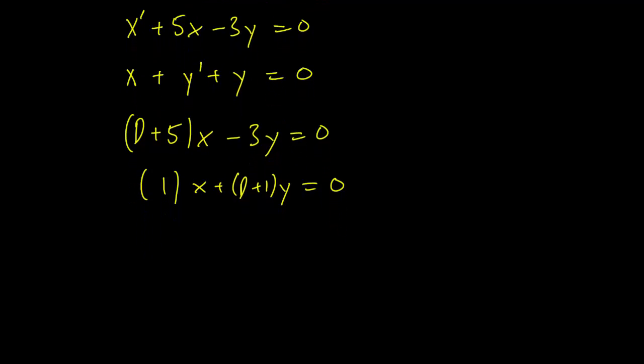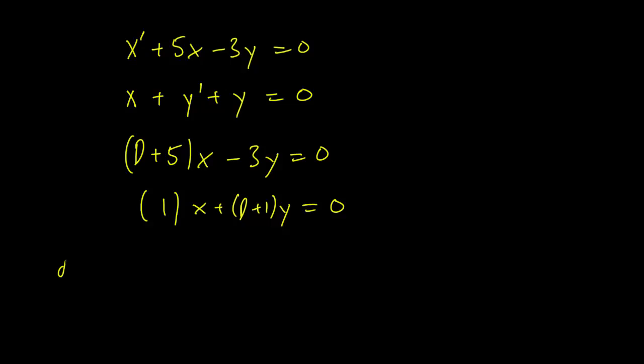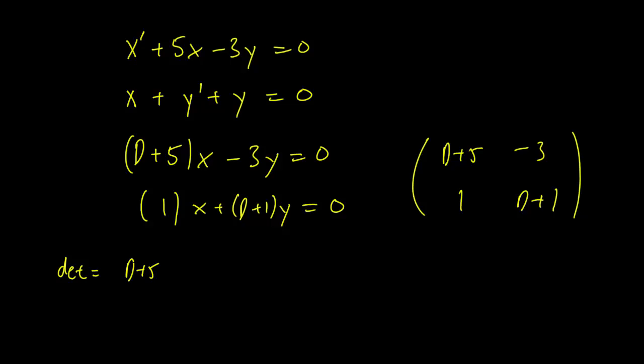So our determinant is going to be AD minus BC, the determinant of this matrix, so it's going to be D + 5, -3, 1, and D + 1. And that determinant is (D + 5)(D + 1) minus 1 times -3.